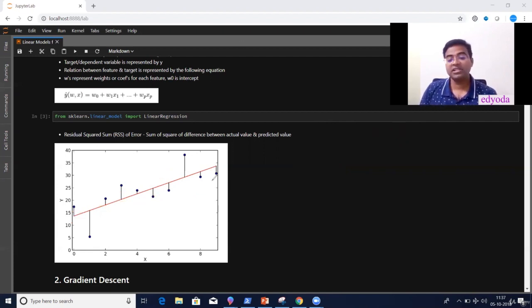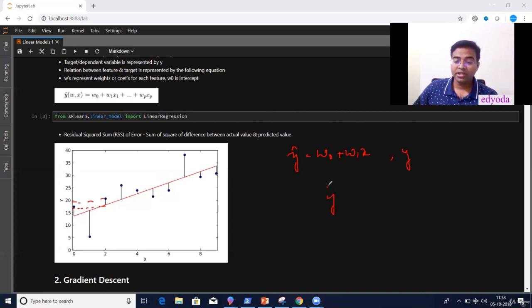Now we need to define what this residual sum of squares is. For example, hypothetically assume this is the line that we want to validate, and this is all our data. So this is the predicted price, and this is the actual price. This is the predicted price y cap, since this is a straight line, W0 plus W1x, and y is your actual price.